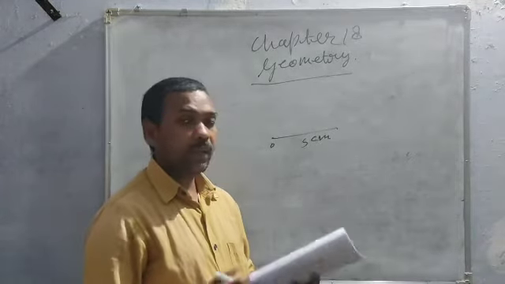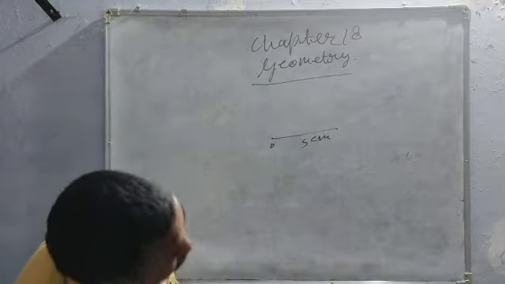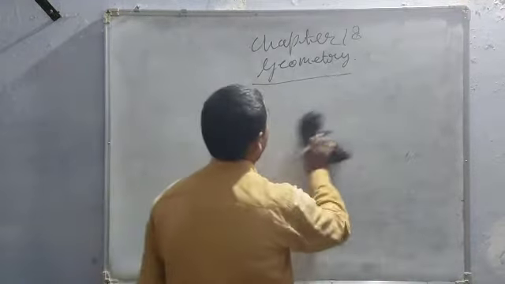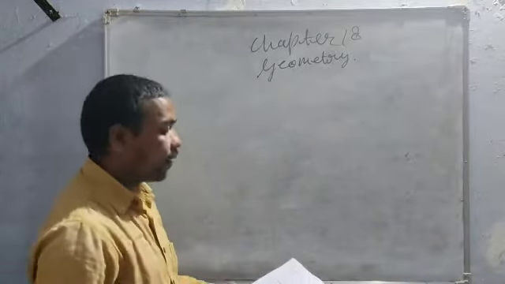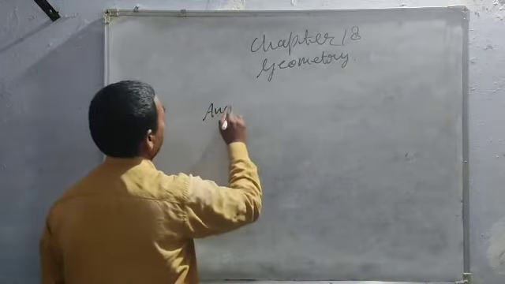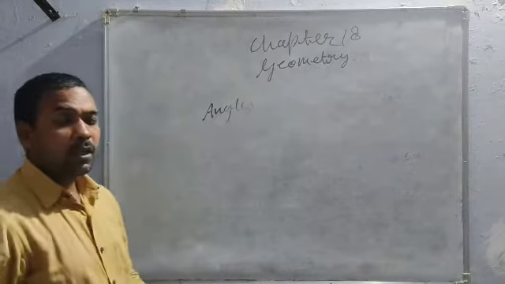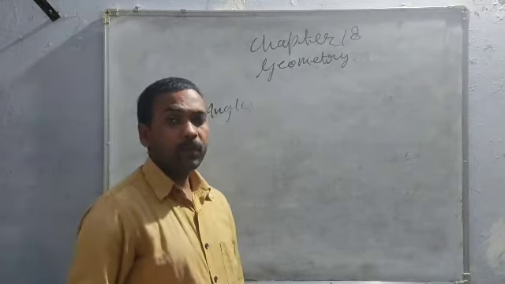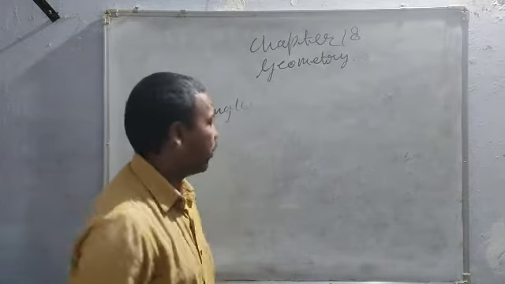And after that, angles. From previous classes, you know how to draw or how to read the name of an angle, or what an angle is. It was in class 4: when two rays meet at a point, then an angle is formed.